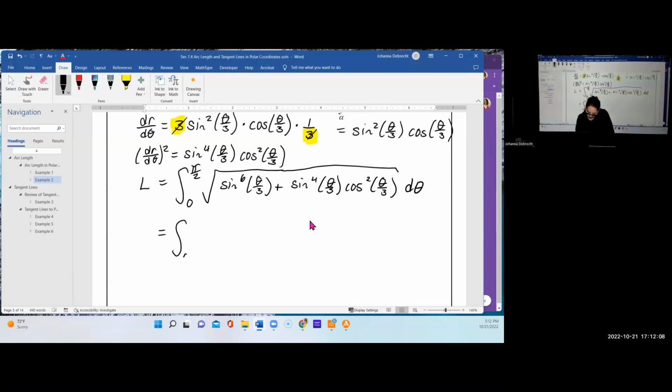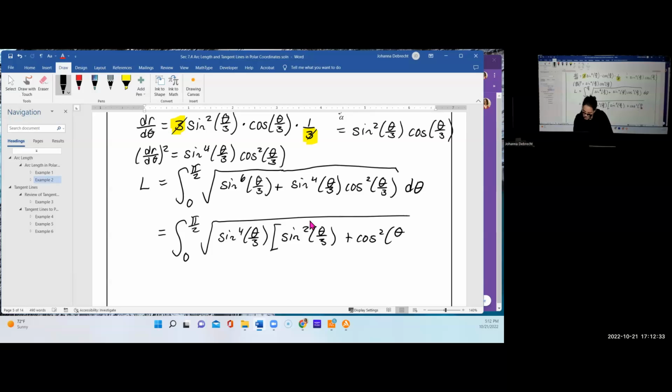So we still have the integral from 0 to pi over 2. And this is going to give me sine to the 4th of theta over 3 times, taking 4 out of 6 leaves 2 behind, sine squared of theta over 3. This takes out all of the sine to the 4th from the second term and just leaves plus cosine squared of theta over 3 d theta.